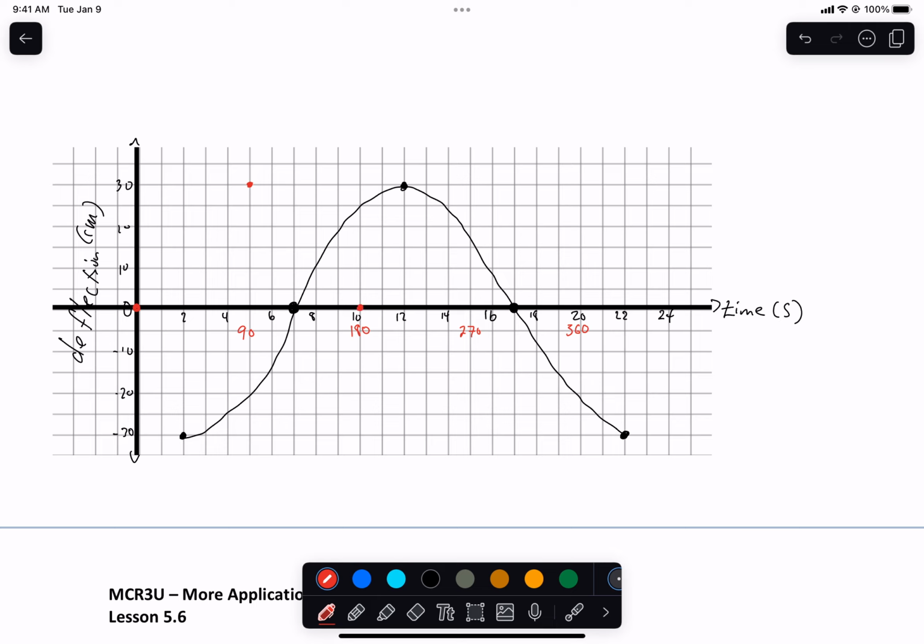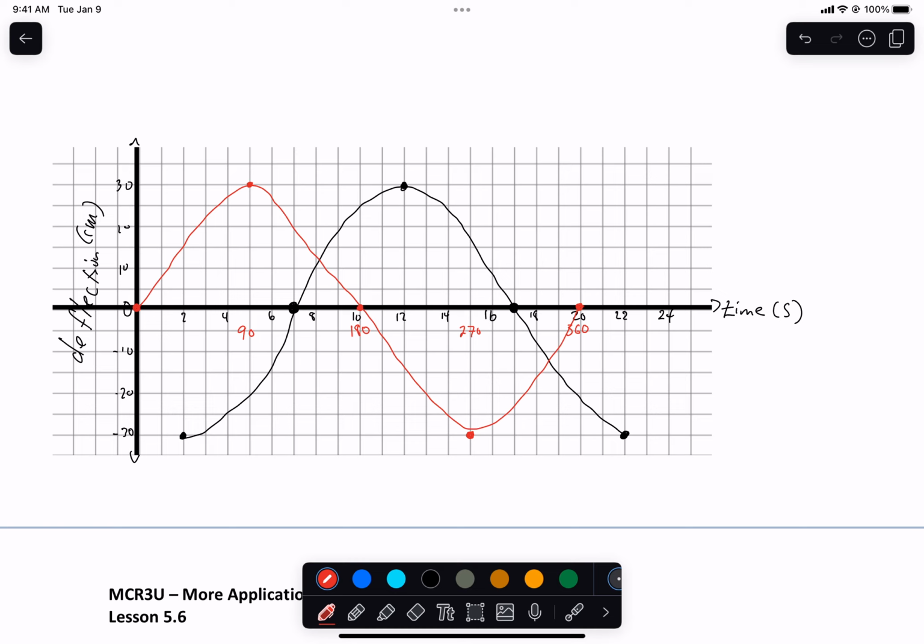And then at 270, it would have been at -1, but in this case with the amplitude at 30, it's going to be at -30. And then it returns back to 360 after 20 seconds. Okay, and so we end up getting a curve that looks like this, our base sine curve.